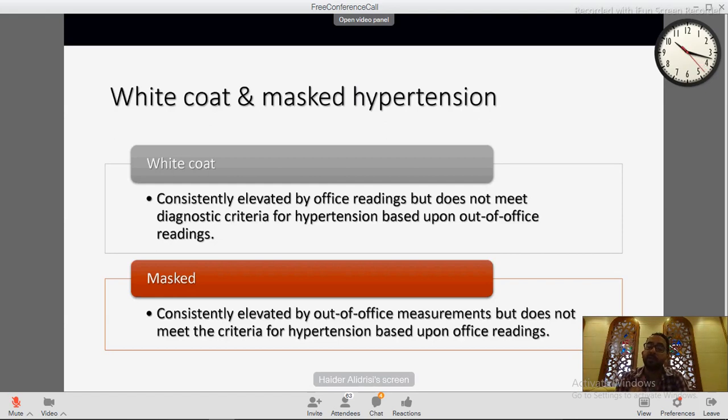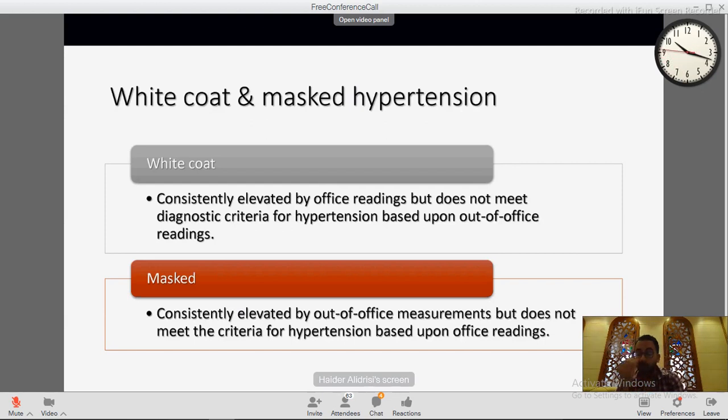It is not considered a hypertension that should be treated. This is one of the reasons you sometimes need to refer the patient for ambulatory blood pressure recording, in order to confirm whether the patient has real hypertension or just white coat hypertension. Masked hypertension is when there is a consistently elevated out-of-office measurement.